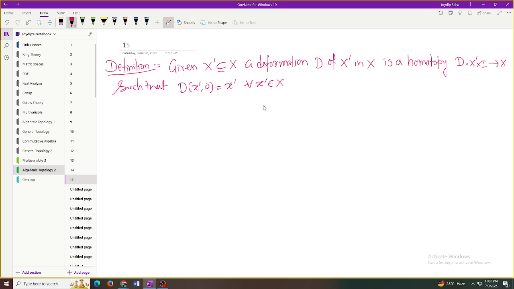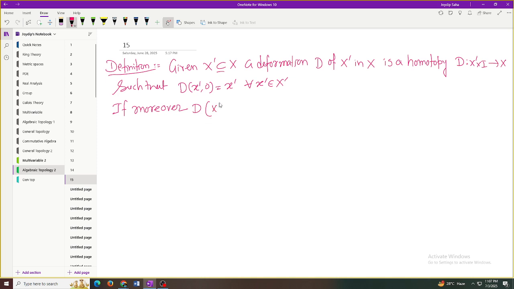So this is the identity map. So deformation means just a homotopy on X prime cross I such that the first level map is identity.